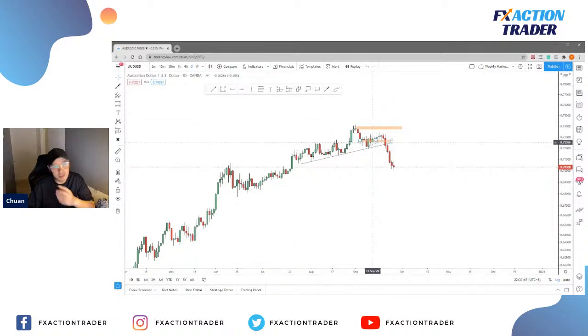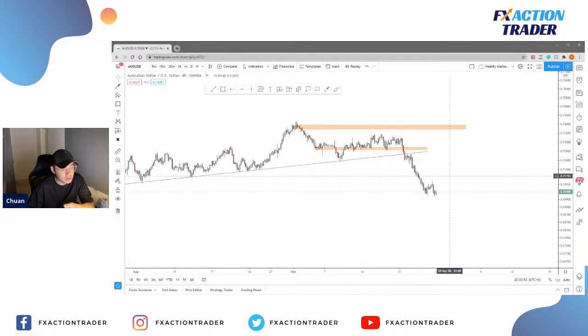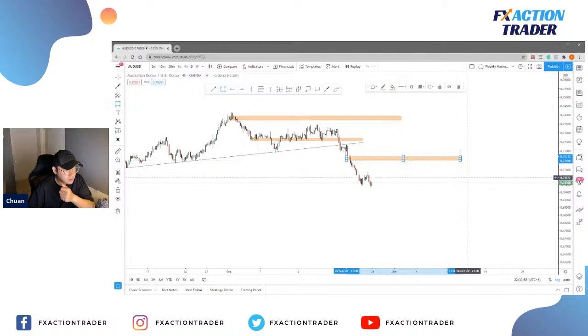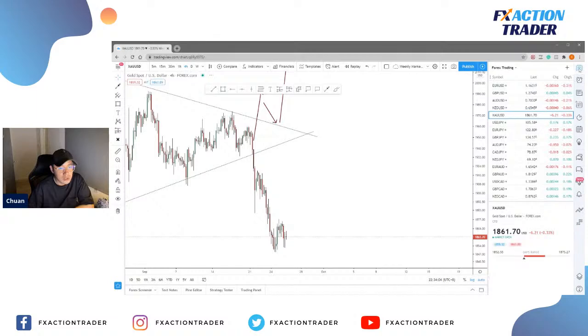But the market can go sideways. I don't know, we just trade what we see on the market. So the same thing for Aussie dollar: we wait for the market to do a pullback and only then look for a short trade. Very simple, very straightforward.